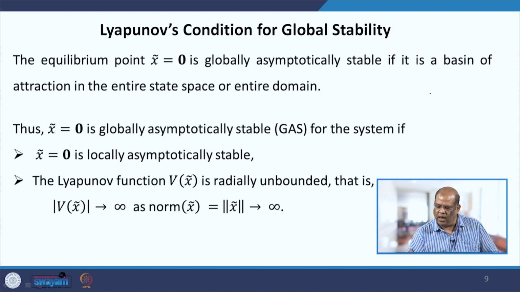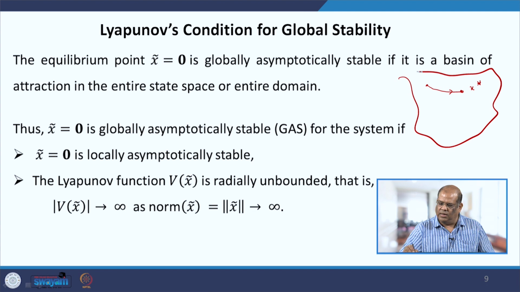By local stability, I mean that if you have this as your equilibrium point and you start somewhere in the neighborhood of this point, then the system is stable if it reaches the equilibrium point. But for global stability, you consider the entire domain, and no matter where you start in the whole domain, the system is going to reach this particular equilibrium point if it is globally stable about that equilibrium point.